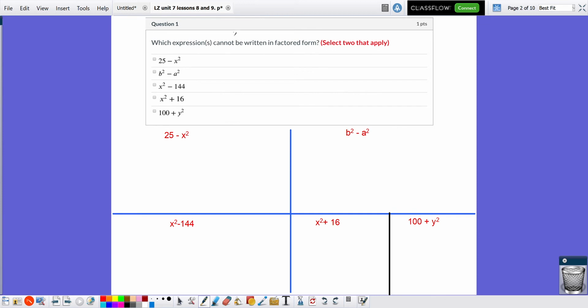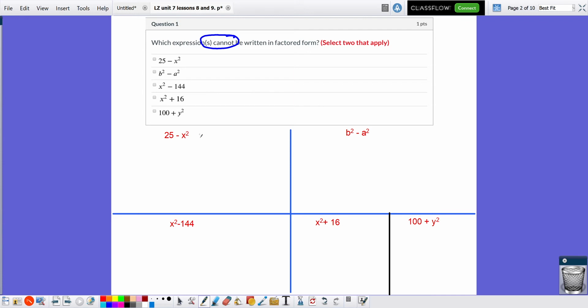Which expressions cannot be written in factor form? We will look at each one of them to see if they cannot be written in factor form. So when I look at this equation, I know it's 25 minus x squared. I notice that I do not have a term that's with x.